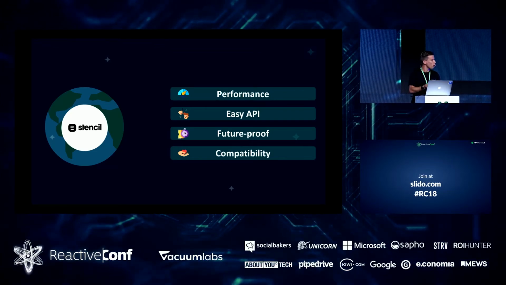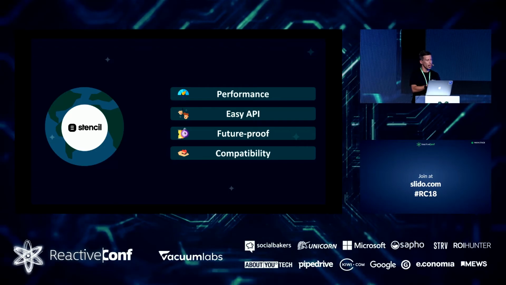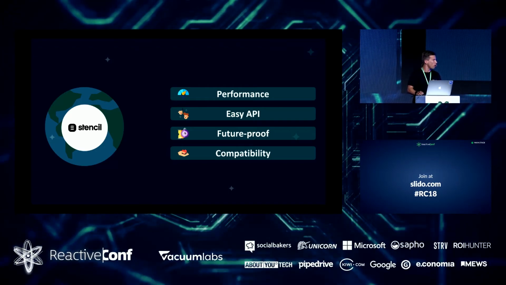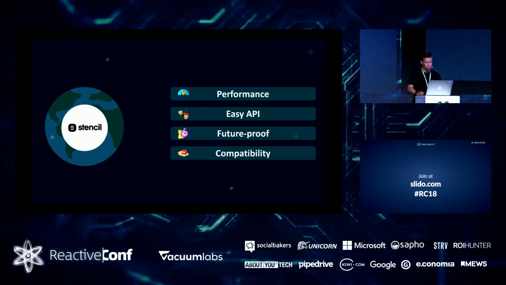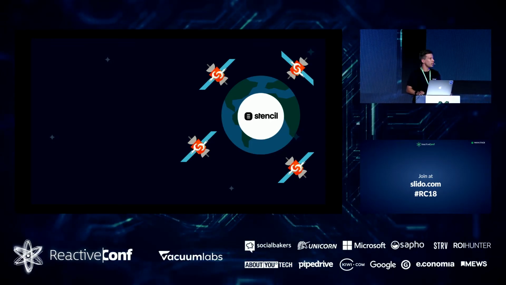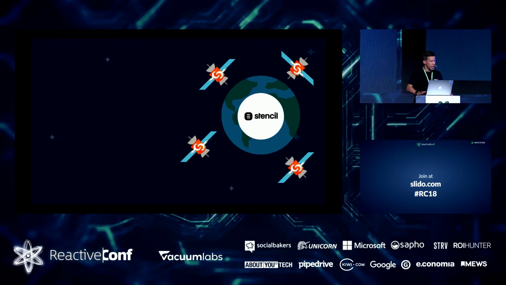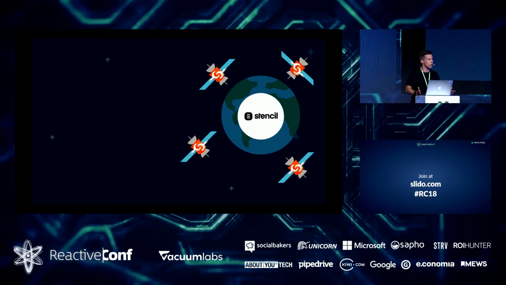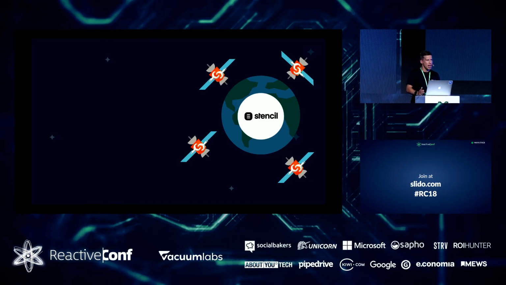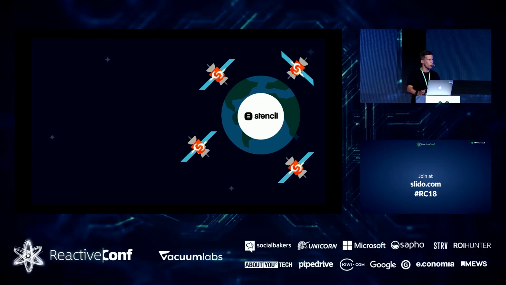So how did we combine the power of Stencil.js with web components into our components library? Well, we did it with this. Here we see our components library. The base is Stencil.js, and it basically generates web components.